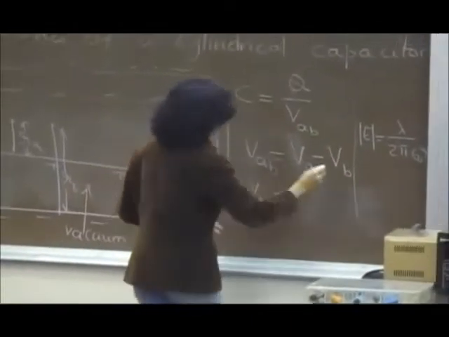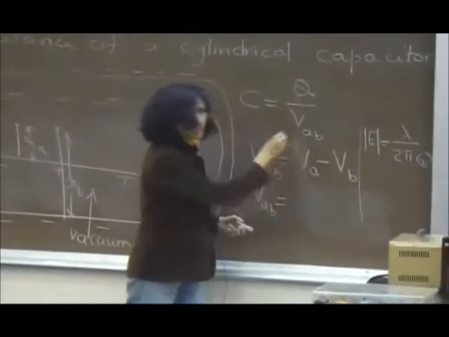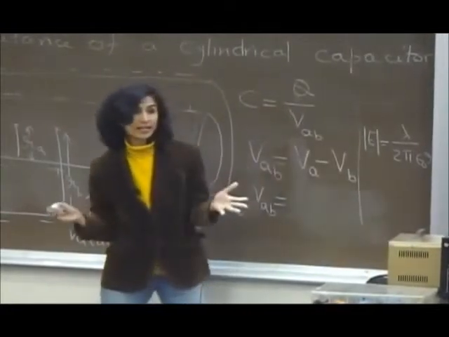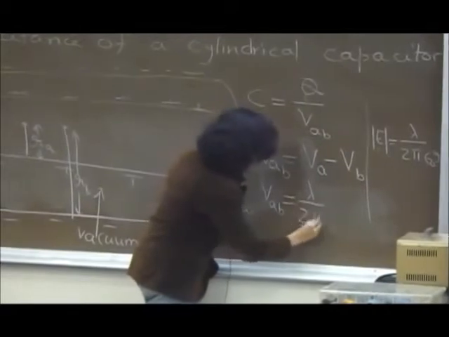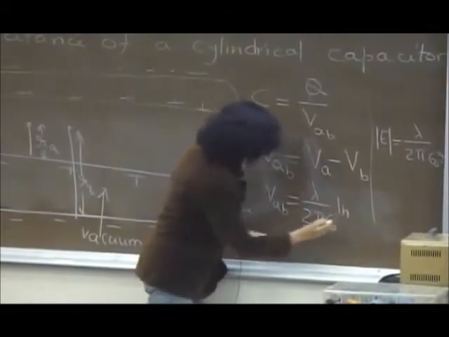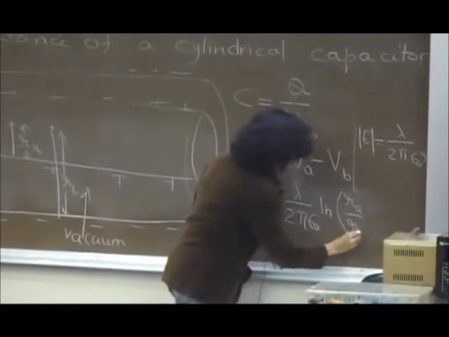And so we found that the potential VAB in that case, VAB here will be integral of E dot dl, and when you do this integral, it turns out to be lambda divided by 2 pi epsilon 0 log of RA over RB.